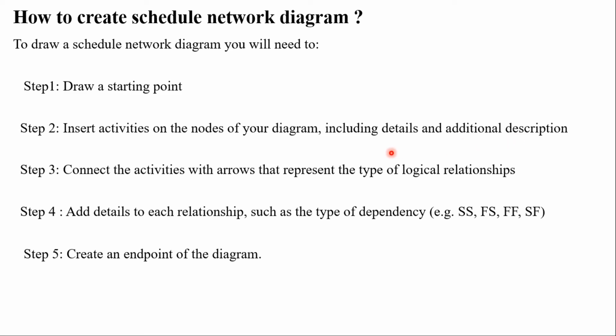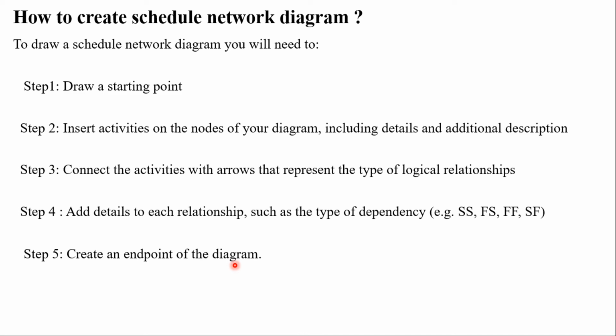Once you've established those activities, you have to create a relationship between those activities. To create a relationship, you have to use arrows to signify the relationship and logical sequence. And this relationship will fall in one of these four categories. It could be start to start, finish to start, finish to finish, or start to finish. And finally, you have to label and identify the end point or the finish point of the project, the end point of the diagram.